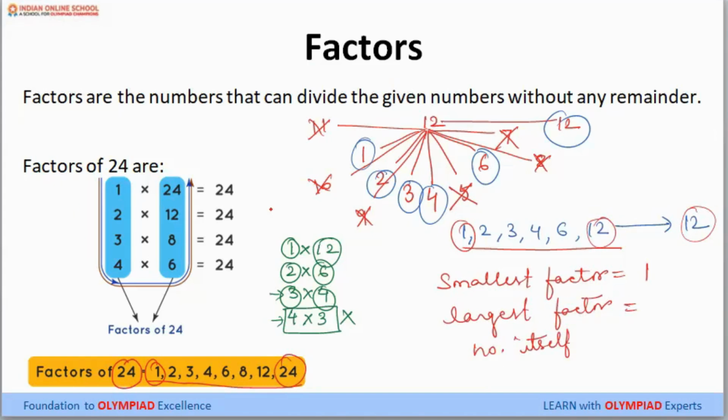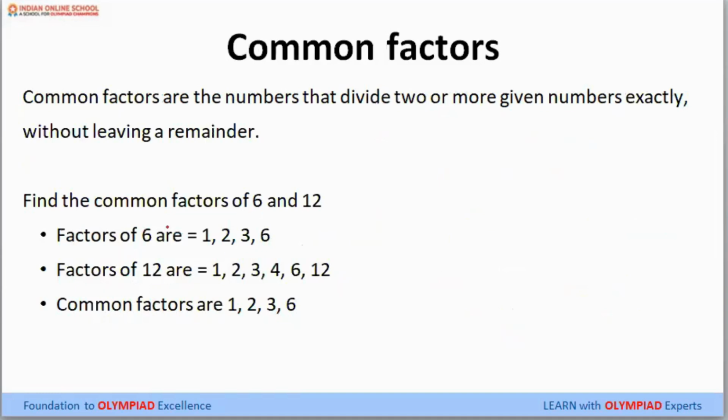Okay, so now we need to learn about common factors. Here we have two numbers, 6 and 12. The factors of 6 are 1, 2, 3 and 6. The factors of 12 are 1, 2, 3, 4, 6 and 12. What are the common ones? 1, 2, 3 and 6 are common.